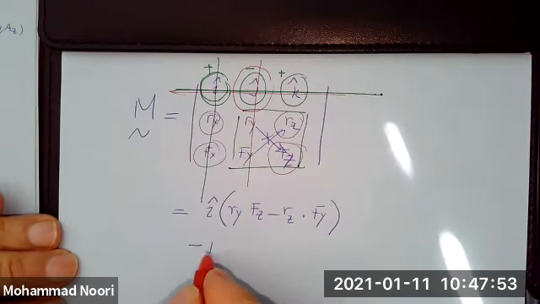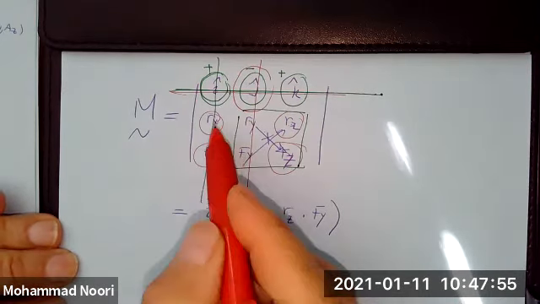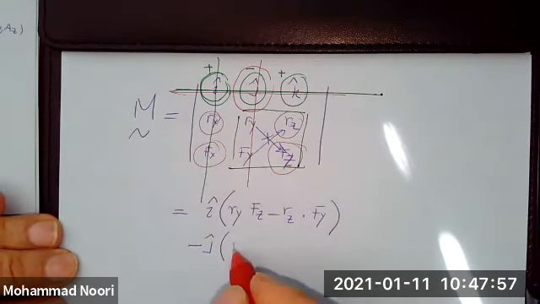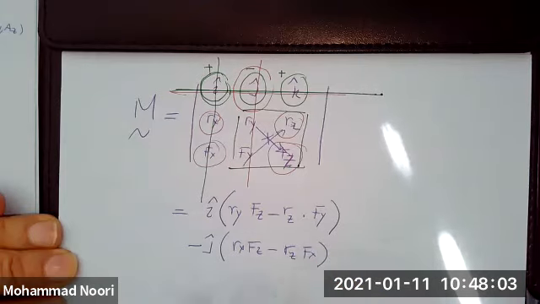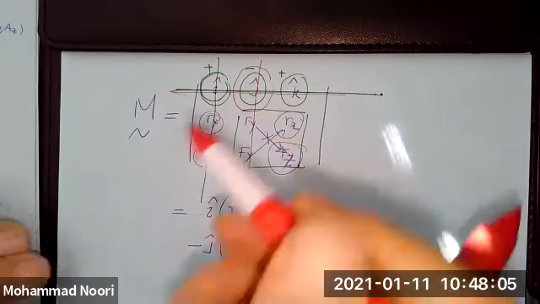That is, you have negative j times this times that, (Rx Fz minus Rz Fx). Same thing with k.